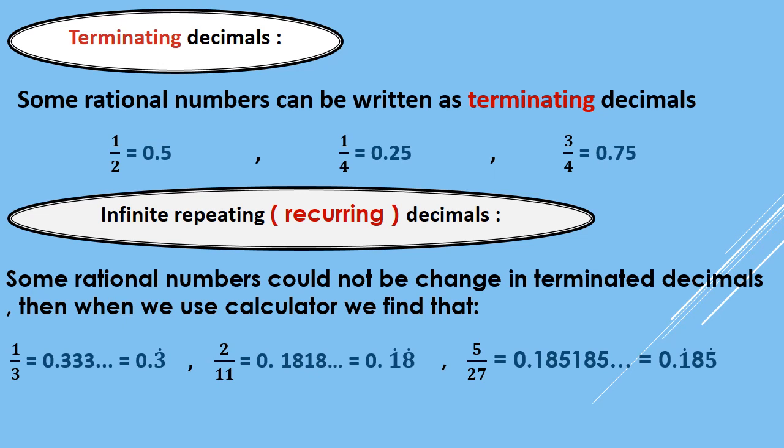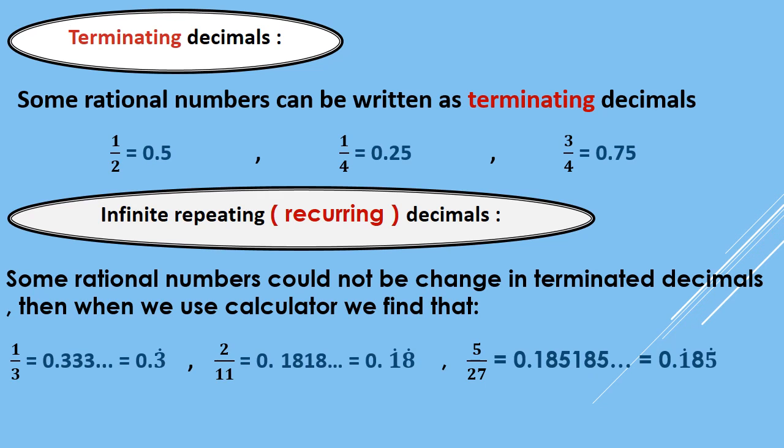But if you have 5 over 27, it will be 0.185, 185, 185. We have 3 digits repeating. Write 0, decimal point, then 1 with a point above it, then 8, then 5 with a point above it.